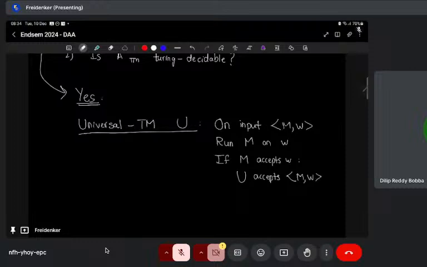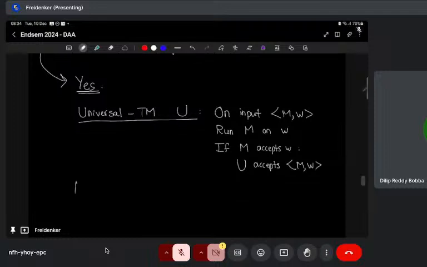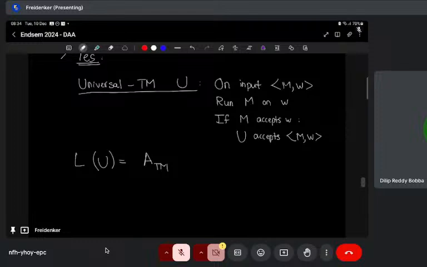What does this mean? This universal Turing machine U accepts those M comma w's where w is accepted by M. So the language of U is nothing but ATM. I did not say that U is a decider. As of now, our plain old Turing machines are just recognizers.